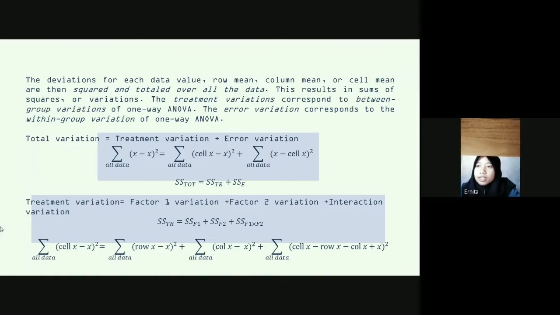Here, the formula is total variation equals treatment variation plus error variation, and the equation is like this. Then treatment variation equals factor 1 variation plus factor 2 variation plus interaction variation, or SSTR equals SSF1 plus SSF2 plus SSF1×F2.